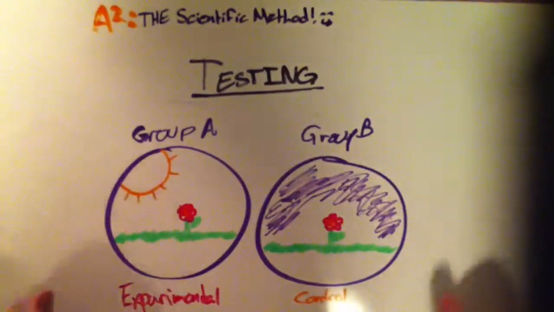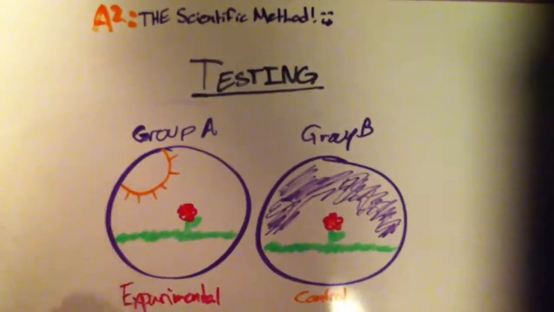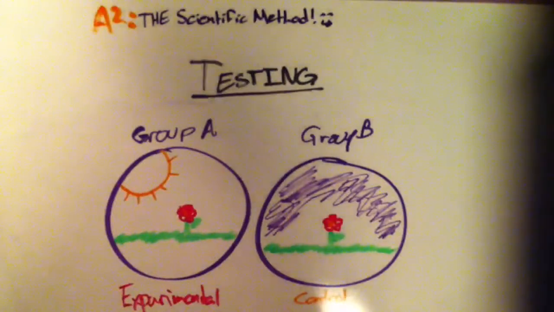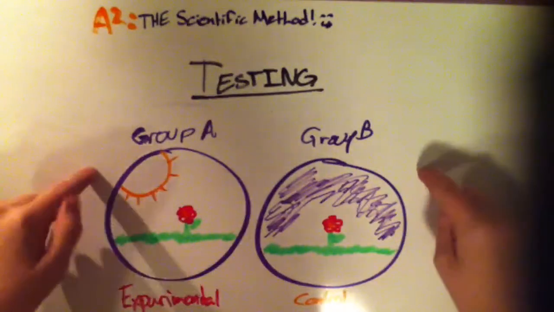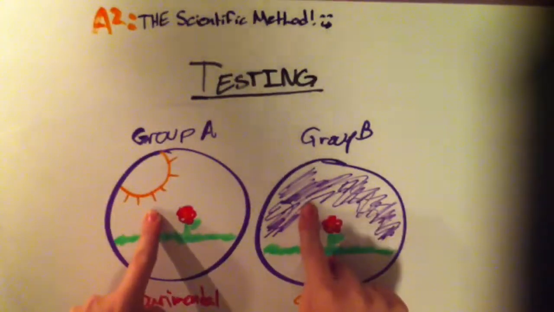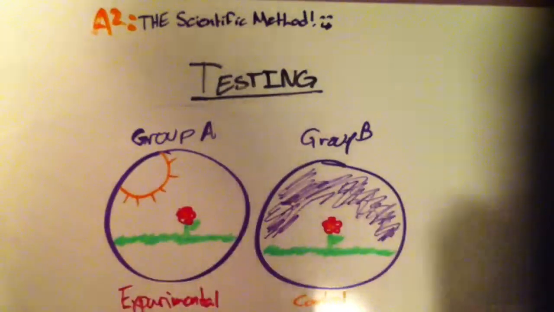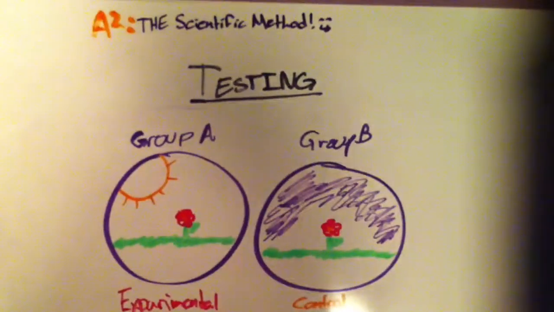Now, when you are doing a test with an experimental and a control group, there are a couple of rules you need to take note of. Other than the experimental variable, light, dark, all your other components have to be the same.